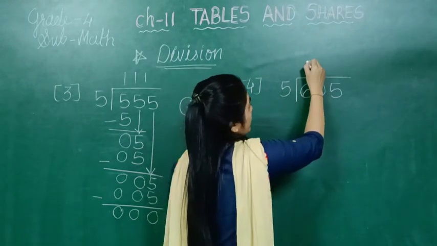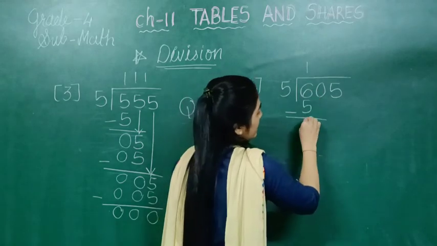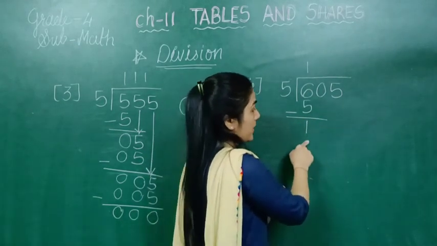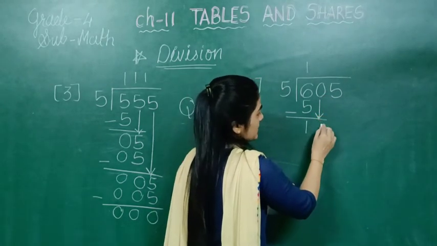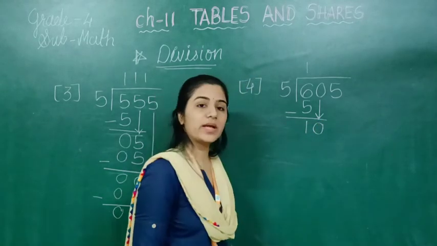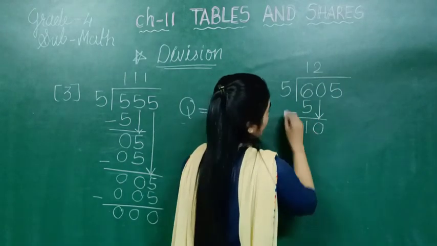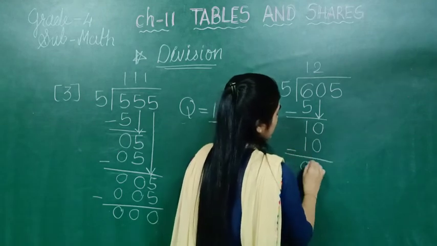So 5 ones are 5 and 6 minus 5, 1. So here the 1 is remaining, but the next digit we have to copy down, that is 0. So 10. Now 10 comes in the table of 5, 5 twos are 10, and 10 minus 10, 0.